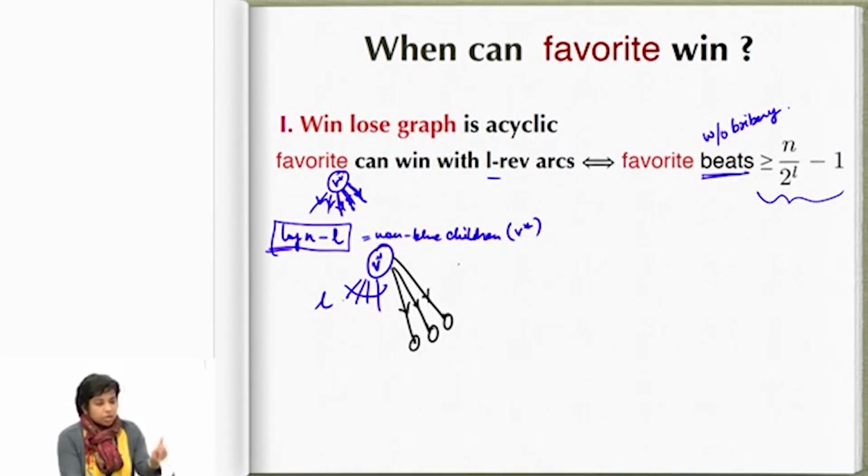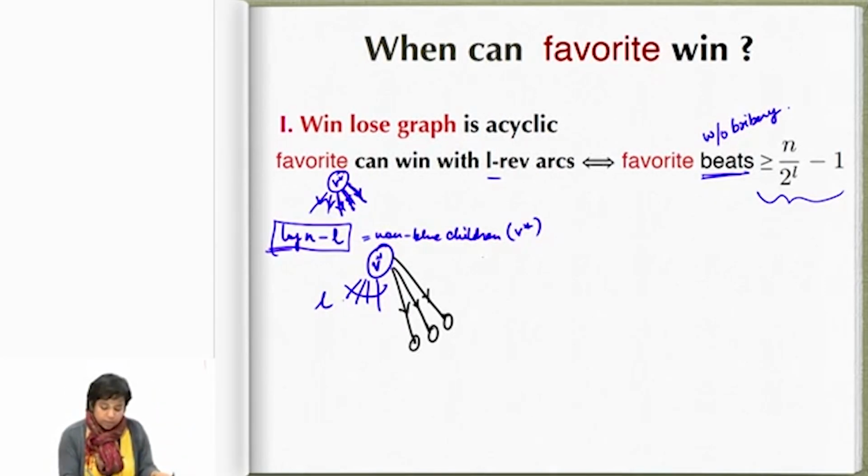Because of the size property of the SBA, do you remember the size property? We said that they always have to be a power of 2. There is a child who has size 1, meaning 2 to the power 0. There is a child whose subtree is of size 2 to the power 1. Then there is a child with a subtree of size 2 to the power 2, and so on.